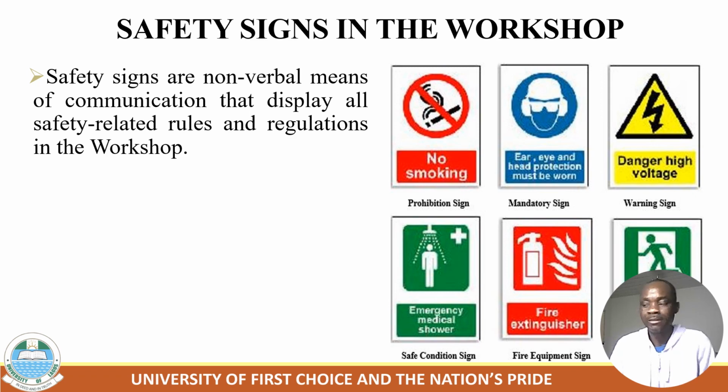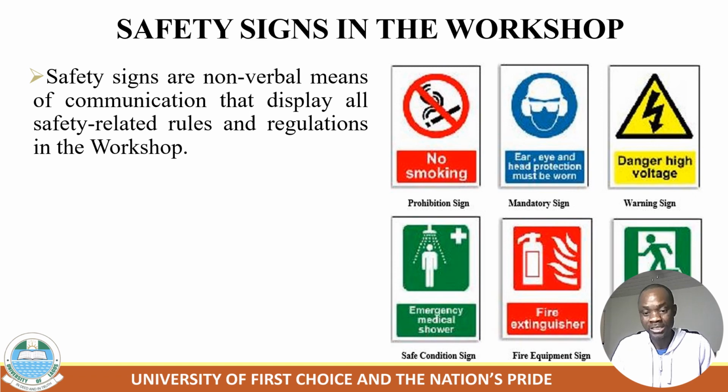After the mandatory sign, we have the warning sign. A warning sign is warning you of what to do, of what not to do in the workshop or anywhere. You can see the danger, high voltage. So wherever there's a high current or wherever there are flammable materials, there's a warning sign there to tell you not to move closer to that place.